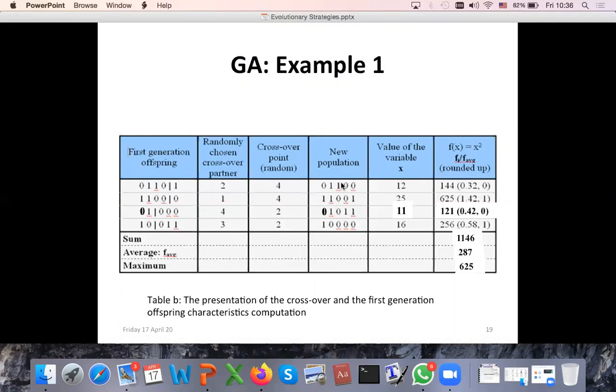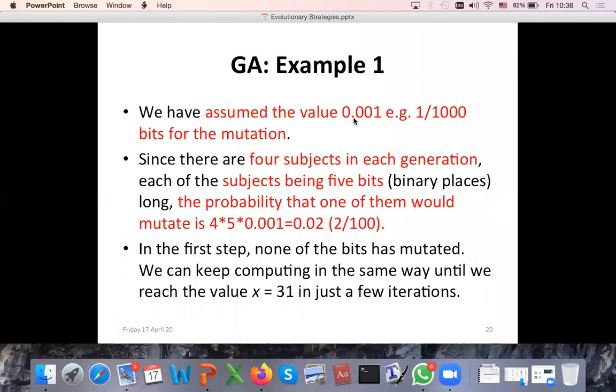So 4 multiplied by 5, and then you have to multiply this assumed value with this value, and we are getting then 0.02, which means 2 divided by 100. So this is your final answer, that you can change 2 bits in 100 bits at any time.